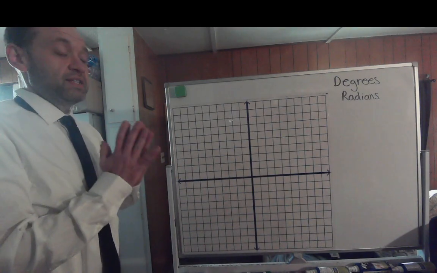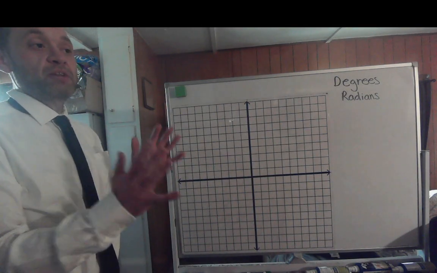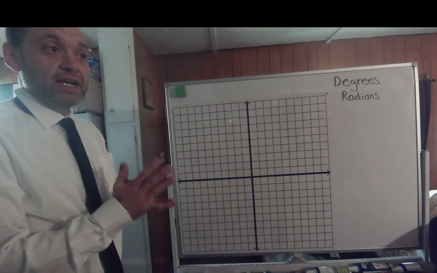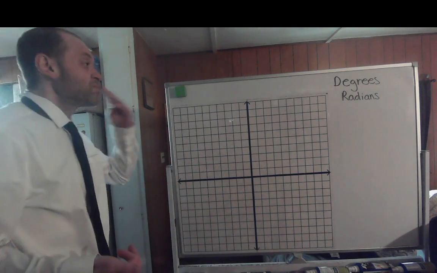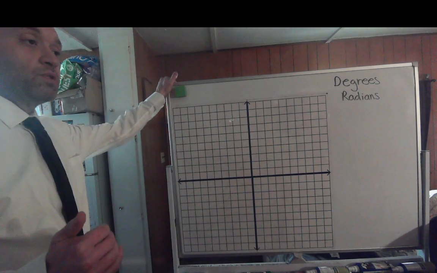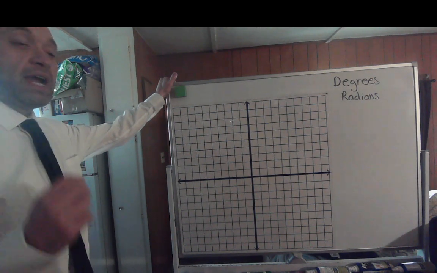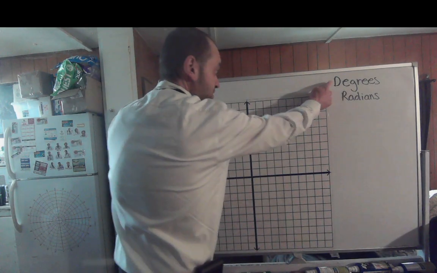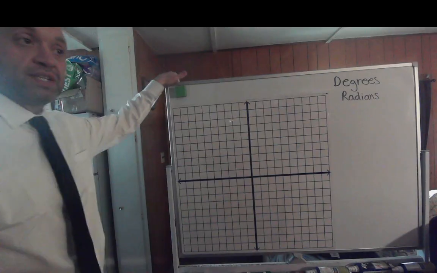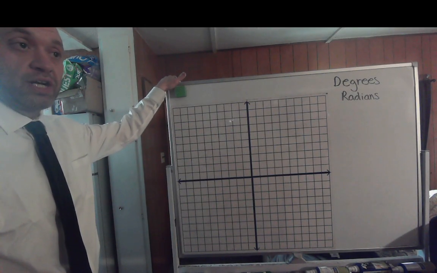So let's get into this here. Today we're just going to talk about general angles and radian measure and arc lengths of circles. When we talk about measuring angles, the one you're all probably most familiar with is degrees. You've probably been doing it since basic math and in geometry.